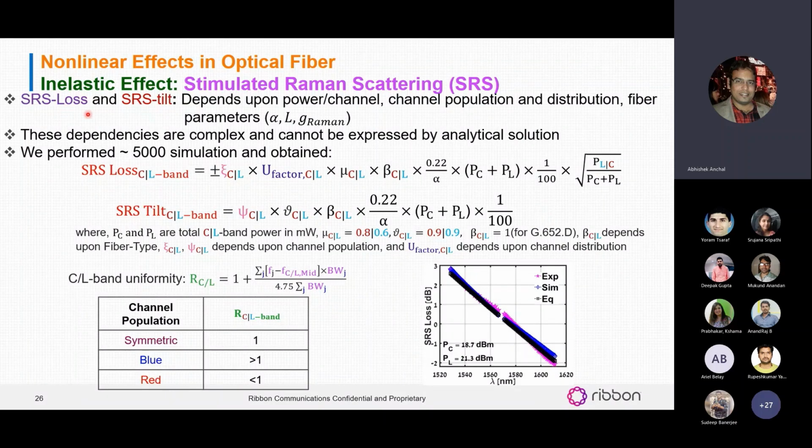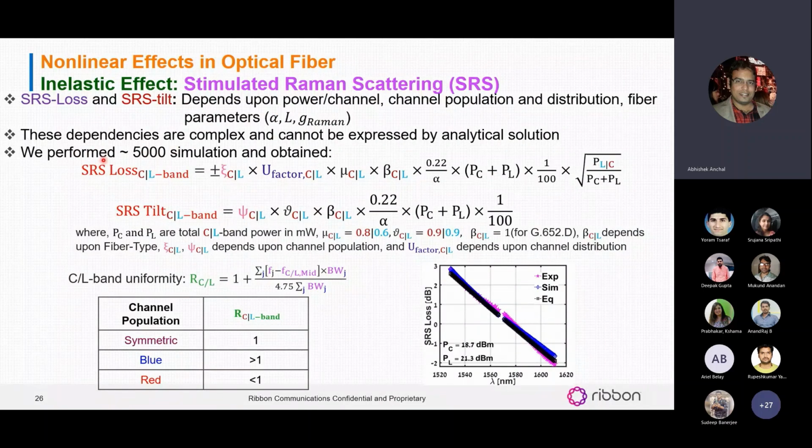We tried to model the SRS loss and tilt as a function of power per channel, population and distribution, meaning where the channels occur, like where in C band a channel is actually present, and what effect it can cause on SRS loss and tilt, and also on different fiber parameters. We did a lot of simulations and also experiments.